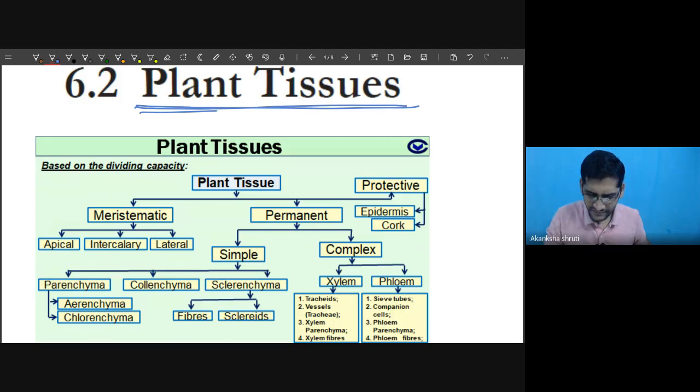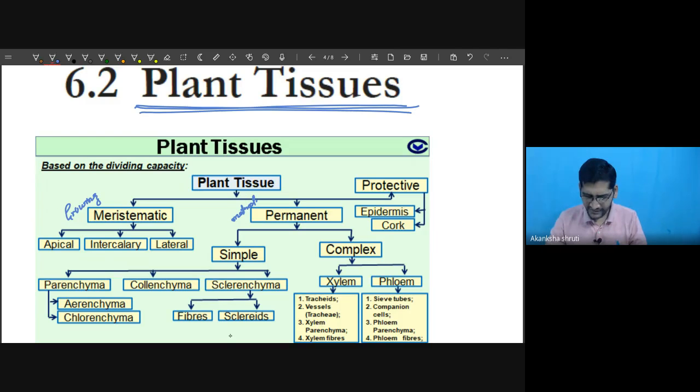Students, in plant tissues, it can be the growing type called meristematic. These meristematic tissues are growing tissues. And permanent, they are not growing, meaning they are the matured tissues.